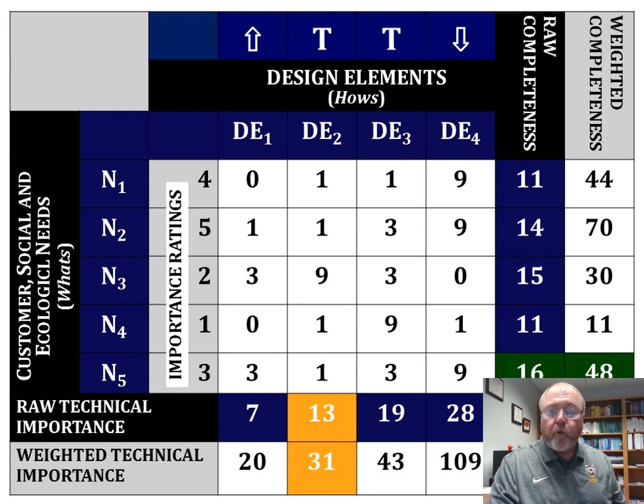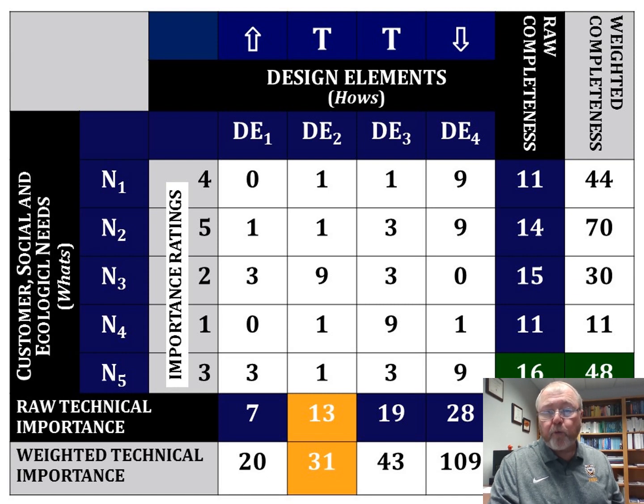For need number 2, that's 5 times 1 plus 5 times 1 plus 5 times 3 plus 5 times 9, 70. So generally speaking, the bigger the value, the more thoroughly you're able to fulfill the corresponding customer need.